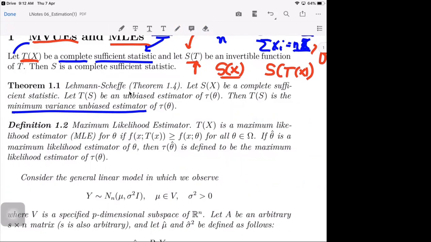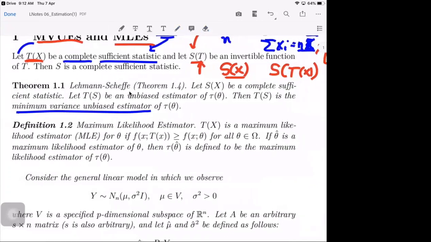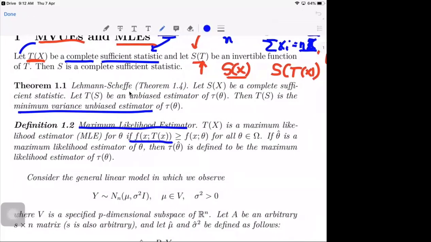Next, the maximum likelihood estimator. So T of X, or a function of your observations X, is an MLE for the parameter theta if the density function of your T of X is always greater than the density function of your parameter, for all parameters in your omega.